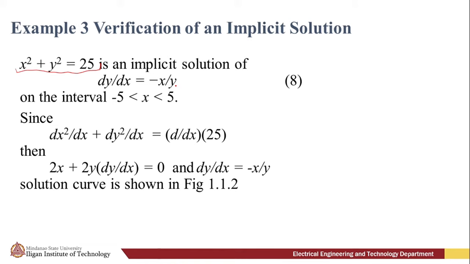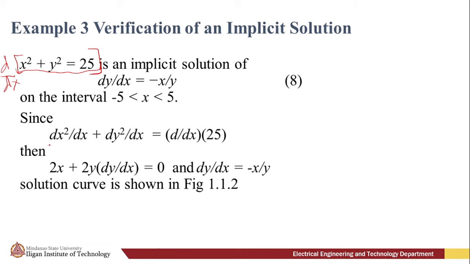So one way of verifying an implicit solution is by applying a derivative with respect to your independent variable x on your implicit solution. If we differentiate x squared plus y squared equals 25 with respect to x, we have the derivative of x squared with respect to x plus the derivative of y squared with respect to x equals the derivative of 25 with respect to x.